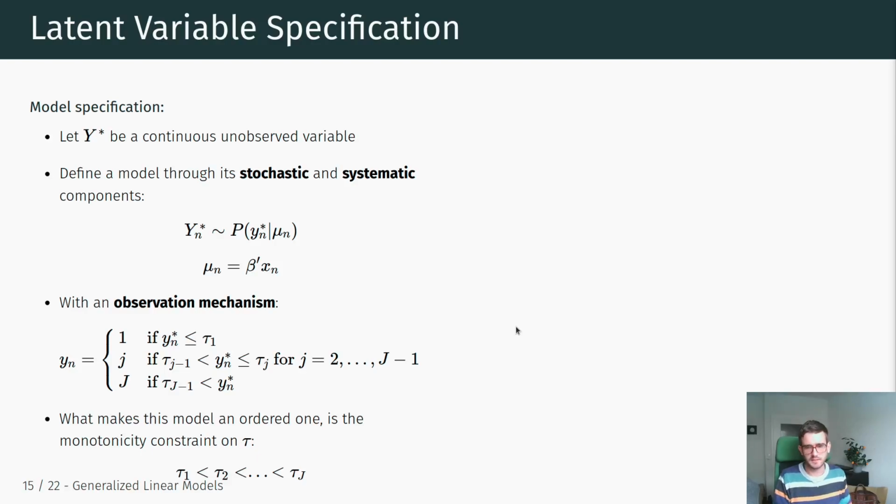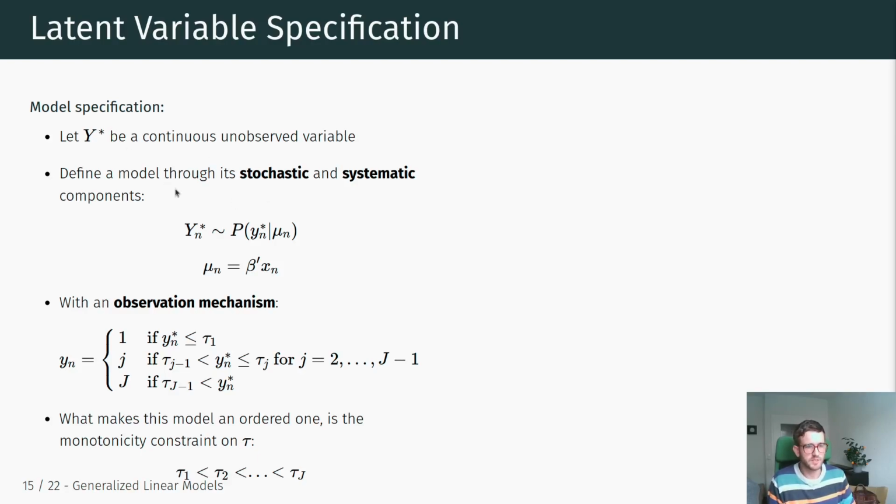Okay. So in other words, in order to specify this ordered logistic regression from a latent variable perspective, we start the same way we started with the logistic regression. We define an underlying unobserved latent variable, which we call y star, and this is, as I said, a continuous unobserved variable.